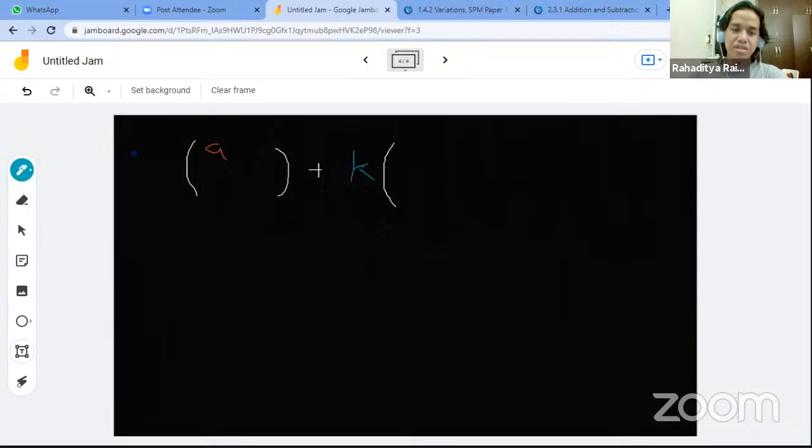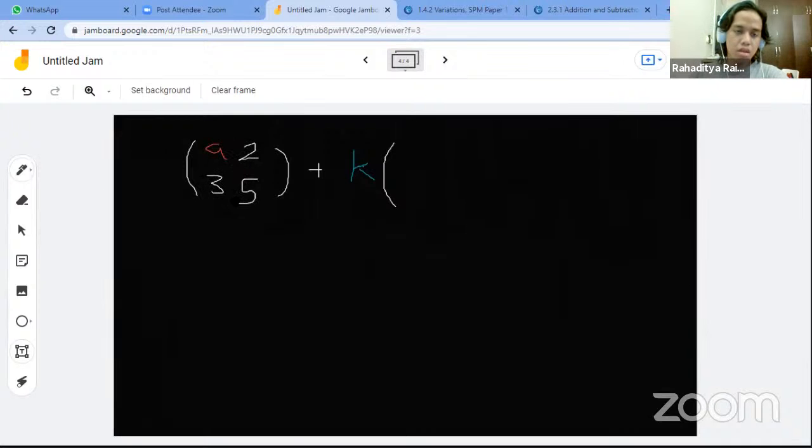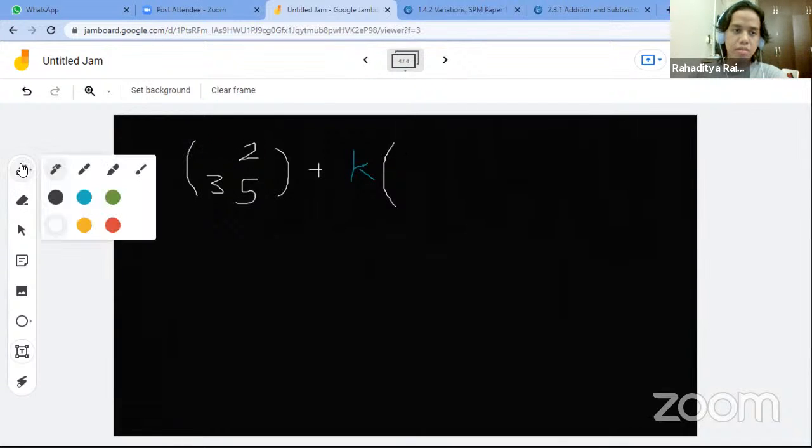They're all constants, by the way. Let me just change this to x.